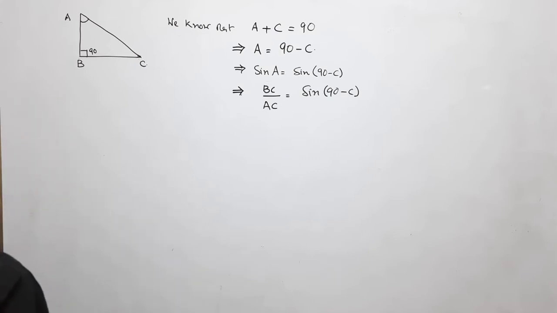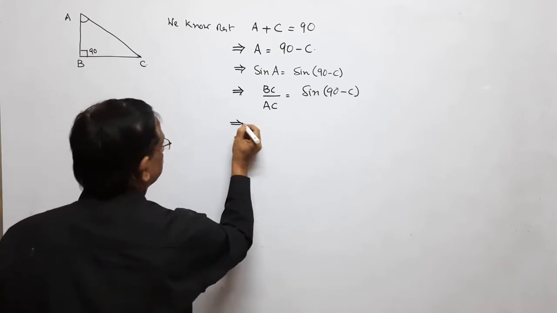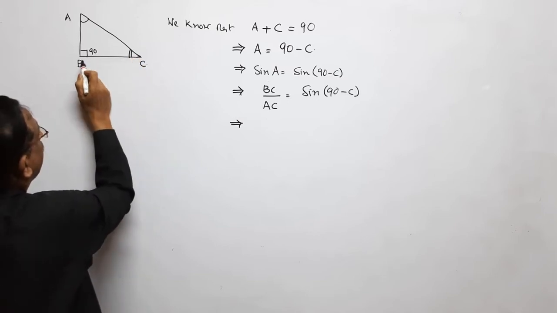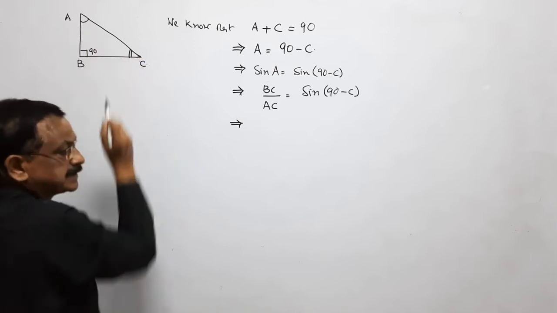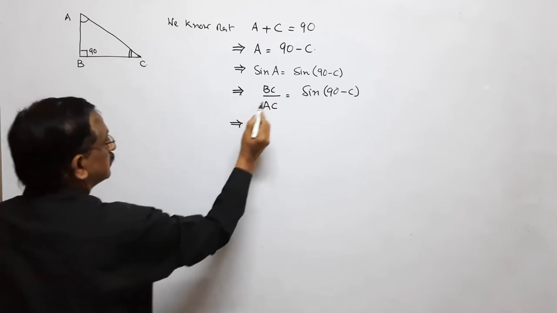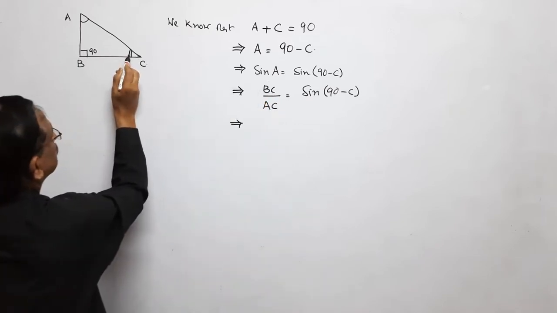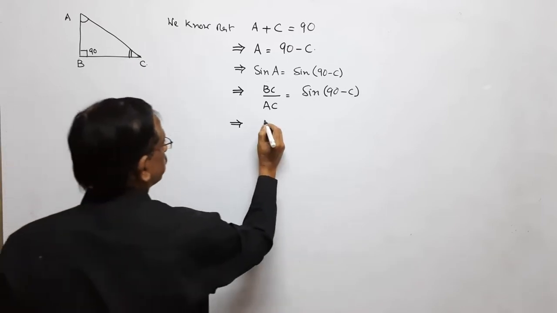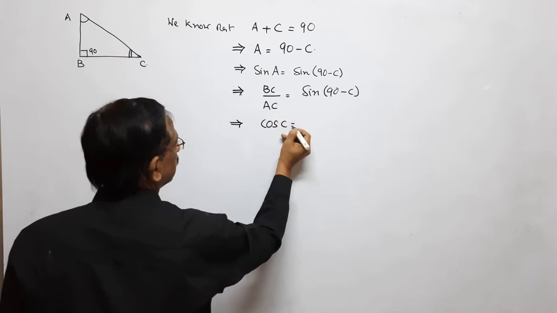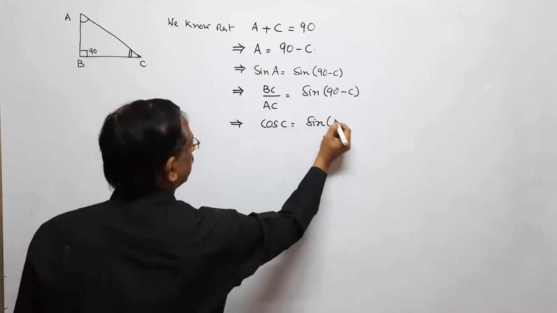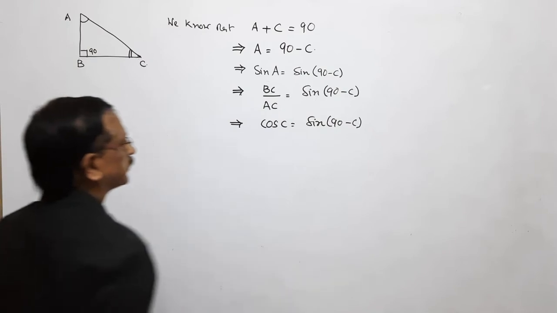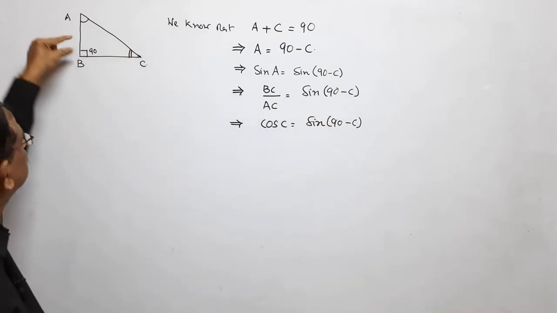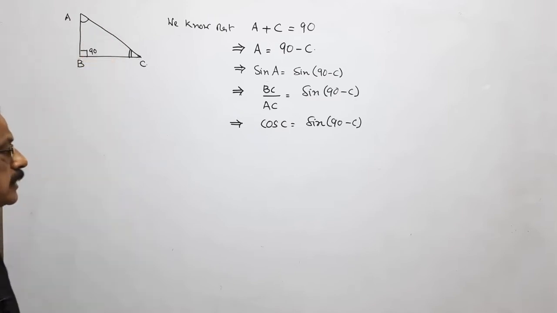Now, let us see in terms of C. I want to use BC and AC to write the angle C. So the trigonometric ratio for this is cos C. Cos C is the adjacent side by the hypotenuse.